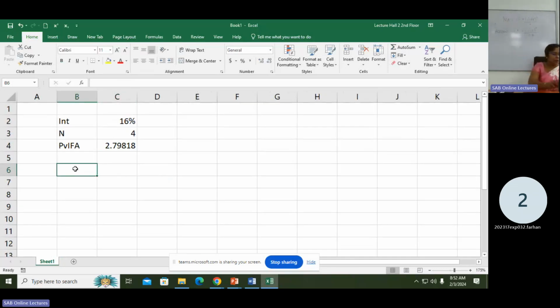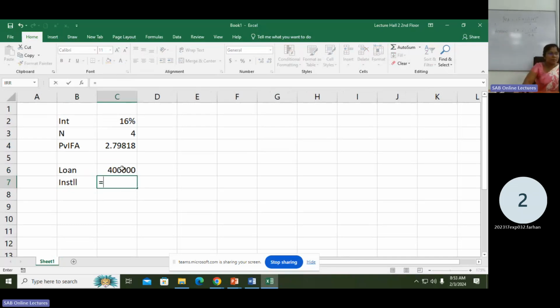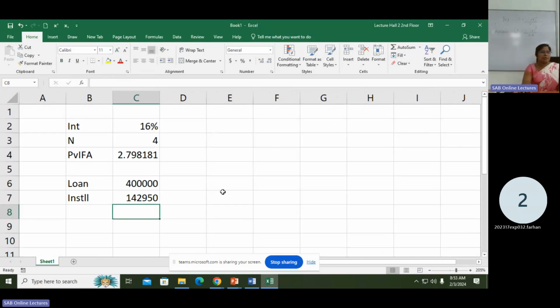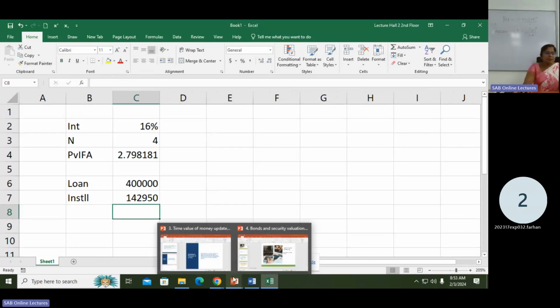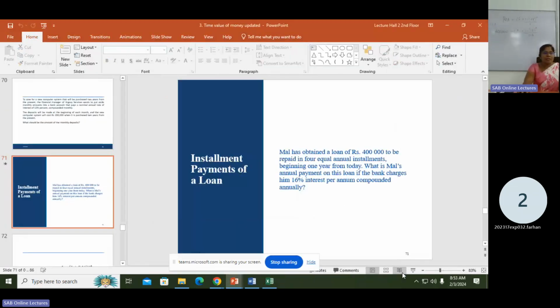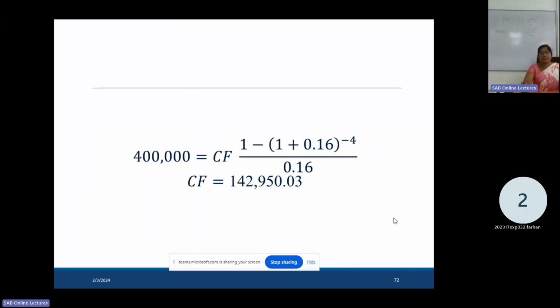Right. So the loan value, or the amount you borrow, is 400,000. Then you can identify the installment of this loan: $142,950. Right, so this is the installment, 142,950. I think it is correct.